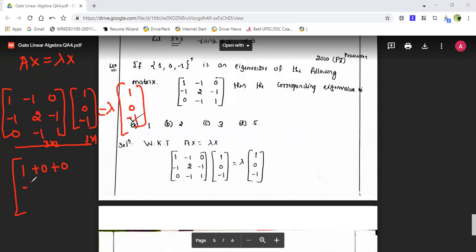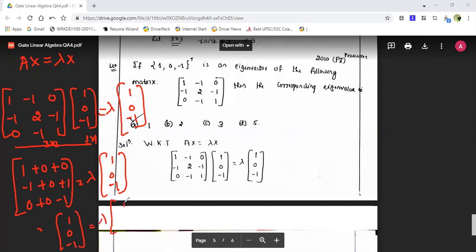Here it is minus 1 plus 0 plus 1, which is 0. Here it is minus 1. This is equal to lambda into 1, 0, minus 1. So clearly you get (1, 0, minus 1) equal to lambda into (1, 0, minus 1). The left hand side and right hand side will be equal only when lambda is equal to 1. You can see that lambda equal to 1 is there in the options. So the eigenvalue is equal to 1. Therefore 1 is the answer.